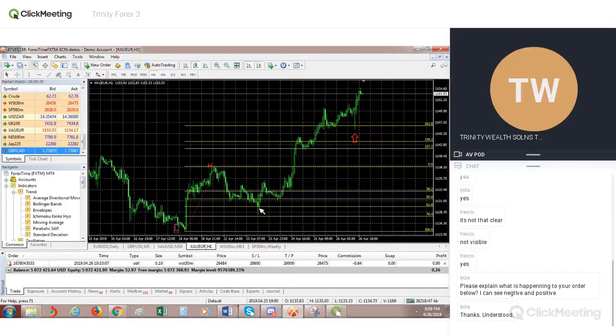Like if you notice, when the market reached 61, there's a very clear formation of an inverse head and shoulder. Let me show you.